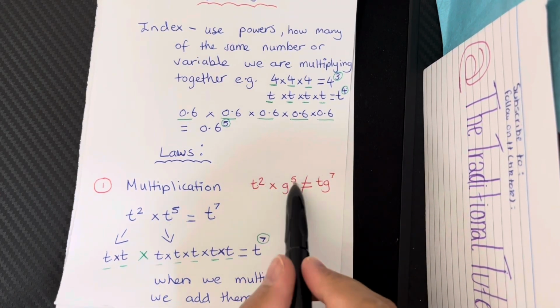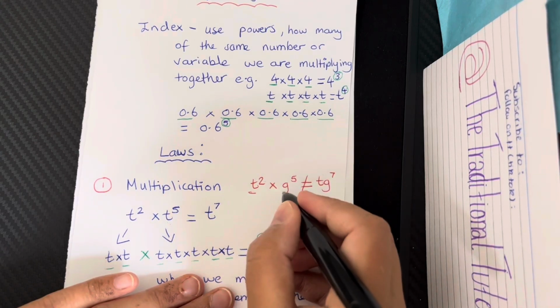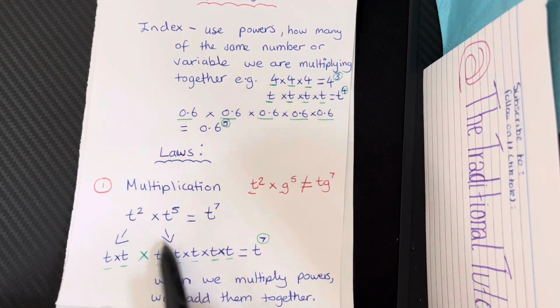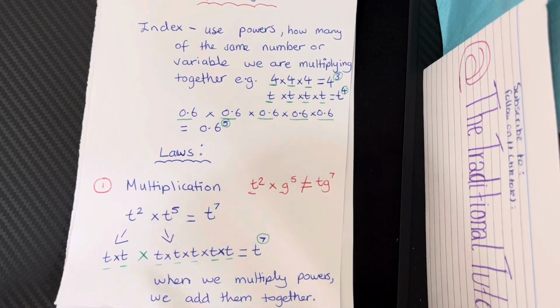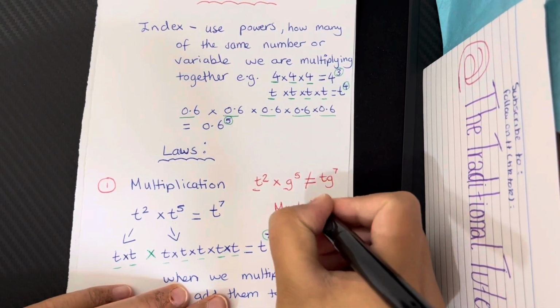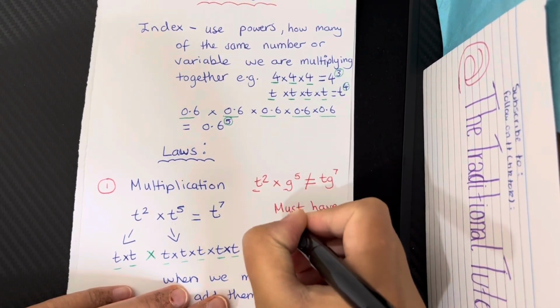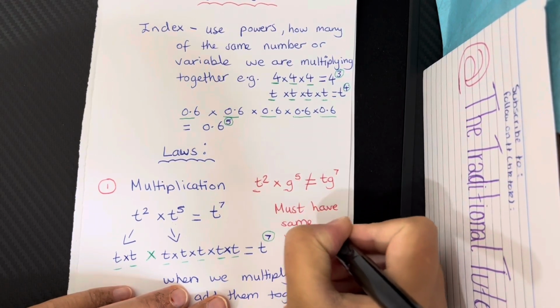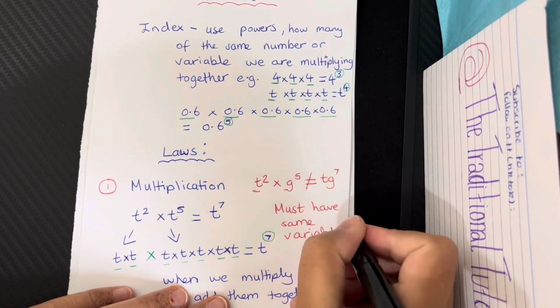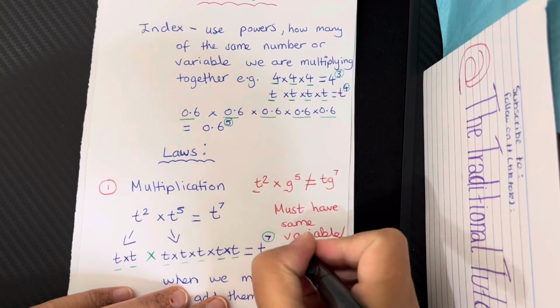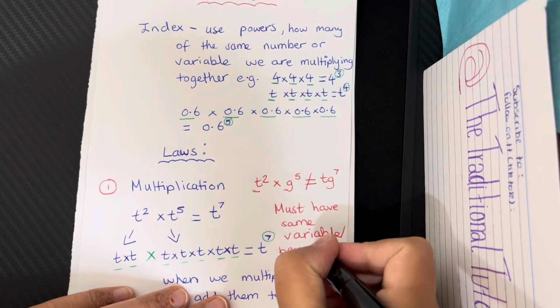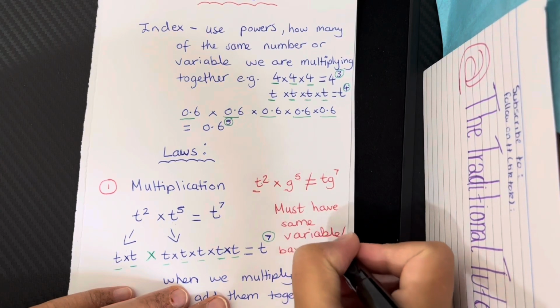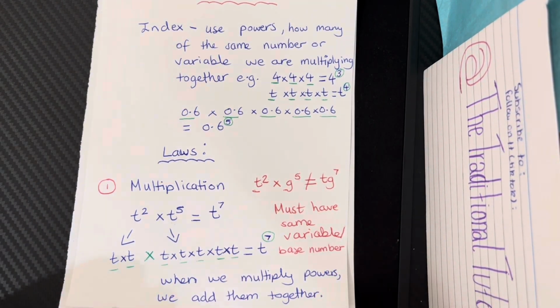You can't add these powers because your variables are not the same. So for this rule to work, you must have the same variable, or we call it the base number as well. Base number. So that's the first rule.